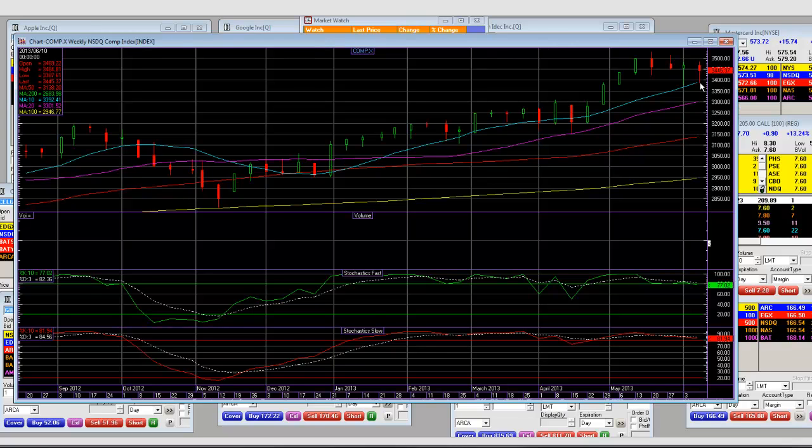The 10-week moving average is part of that rising long-term bull that has been developed in calendar 2013, and we're in the midpoint of the year. One of the things that's going to happen is that that's going to be the major wall of resistance. It's going to be harder to take out those highs. And if and when we do break below the 10-week moving average in the Nasdaq Composite, we're going to go a lot lower.